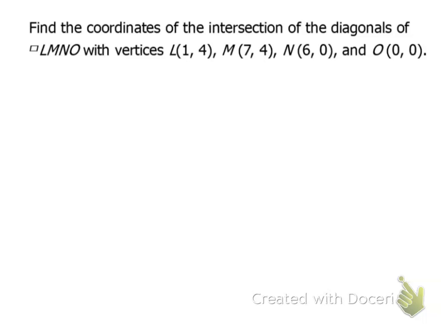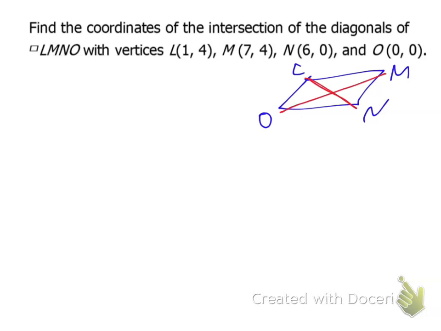So really quickly, I'm just going to draw me a parallelogram. So L, M, N, O. So that means that my diagonals, remember diagonals go like this. They are not going to connect consecutive sides, consecutive angles.